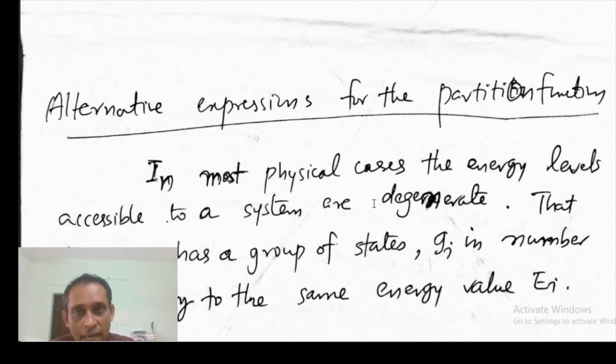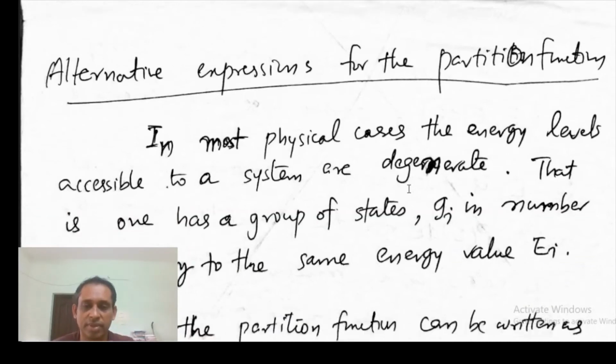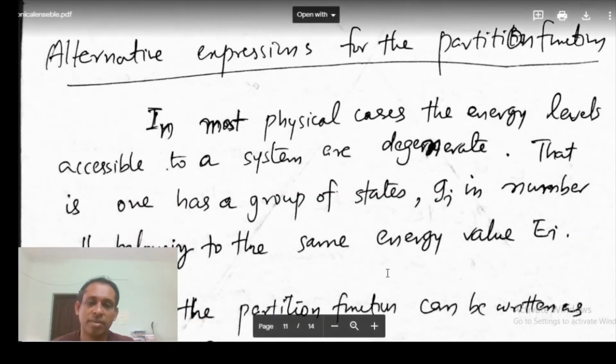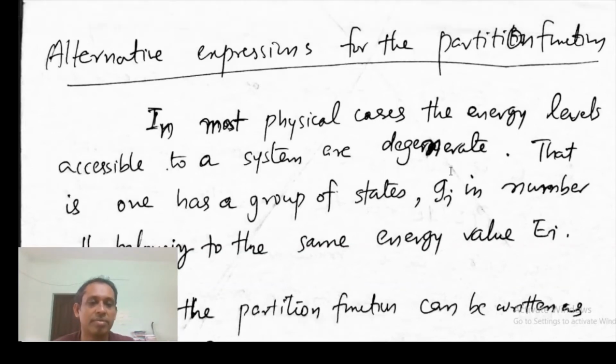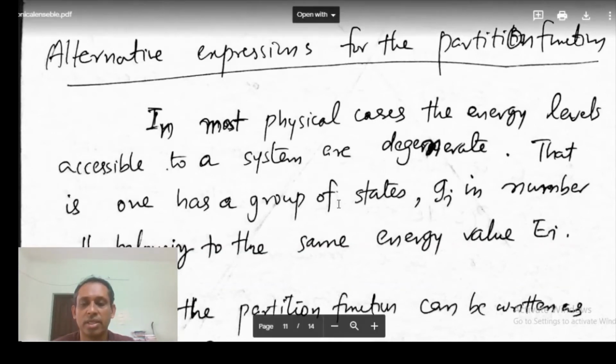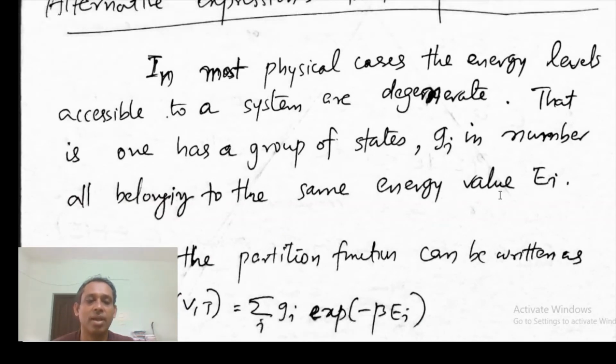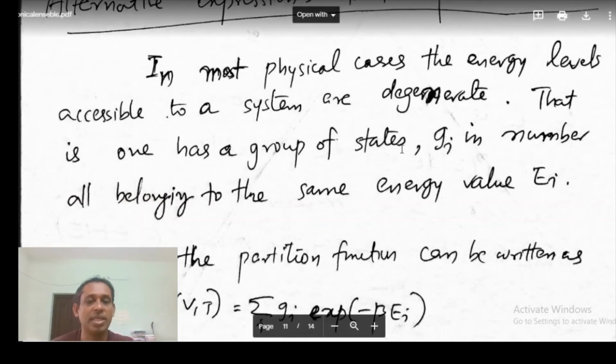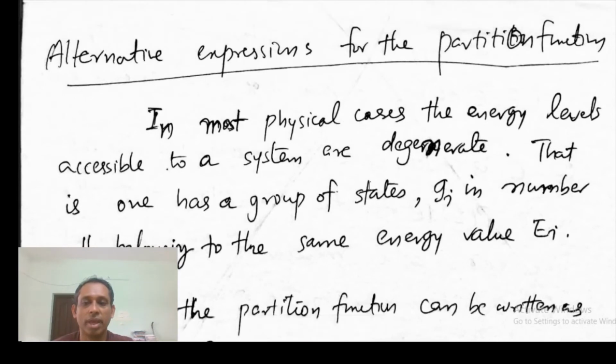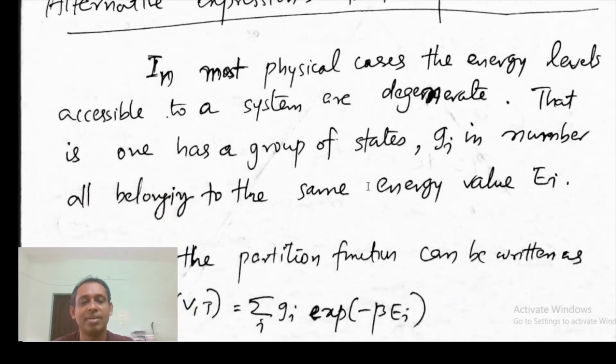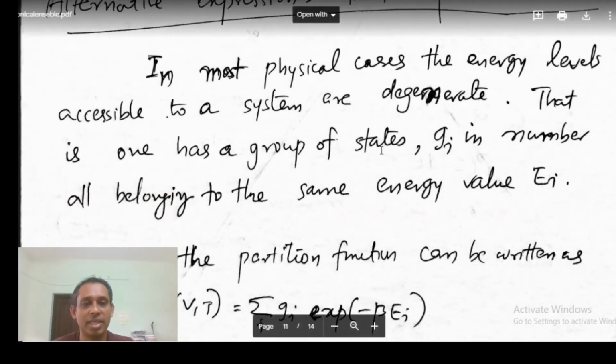When we calculate the partition function, we just sum over each individual state without considering the degeneracy. But in a system there may be a certain group of states, g_i number of states, all belonging to the same energy value E_i. So the energy levels are said to be degenerate.